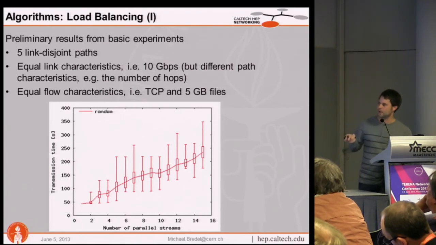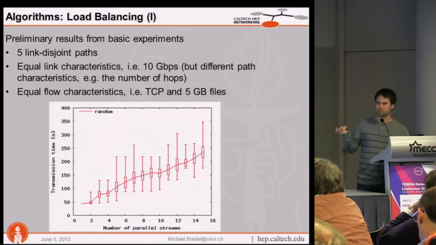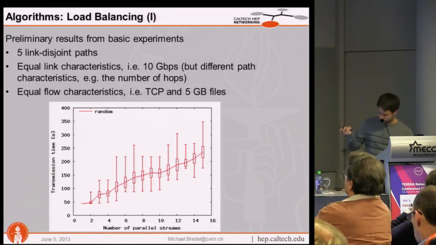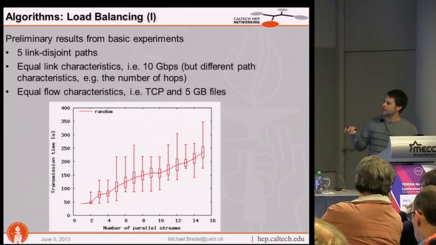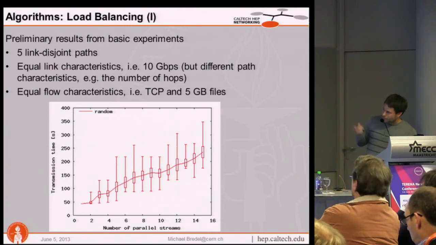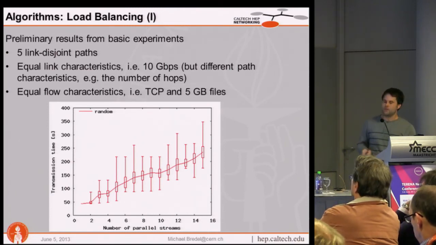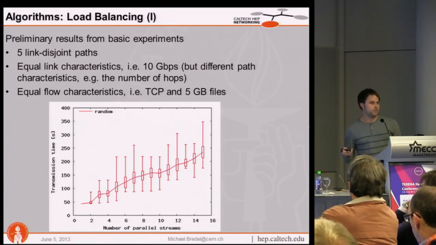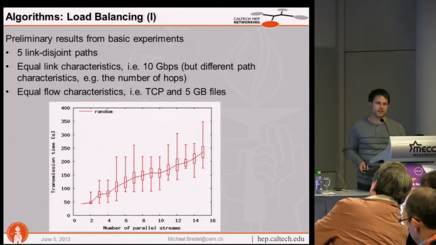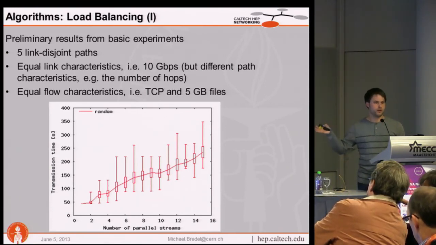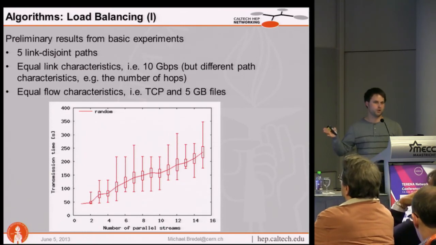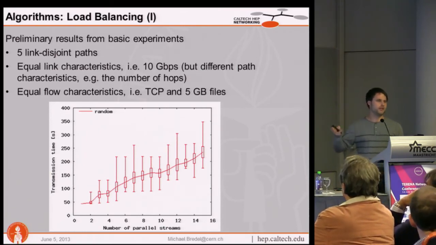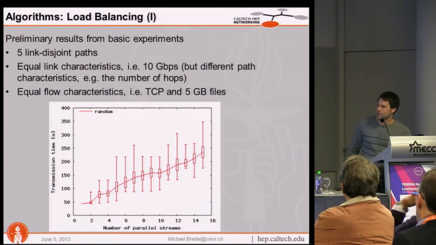You can see the maximum, the minimum, the average, and the confidence intervals. Now, if you're lucky, you get a good performance with this approach. If you're not that lucky, you just choose the same path for 2 or more flows, and then it takes longer to transfer the data.